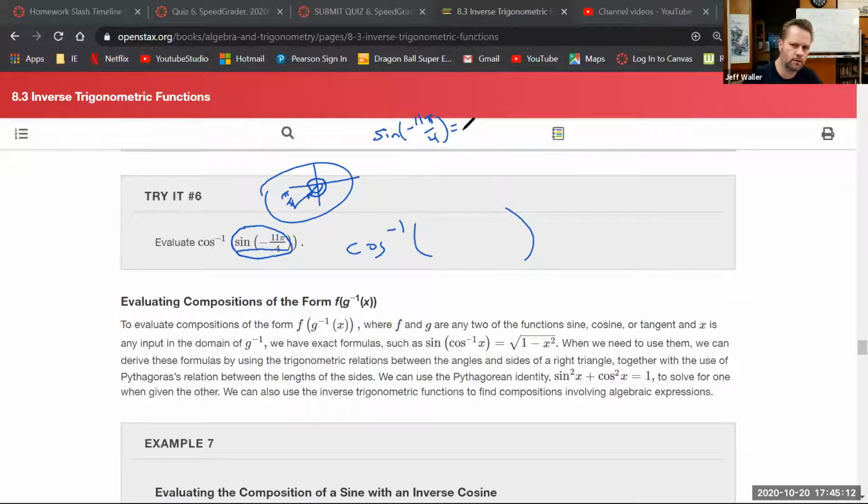Sine is negative, and it's the same as the sine of the reference angle. So what is sine of pi over 4? Root 2 over 2. That's the nice one, where cosine and sine are all agreeing with each other.